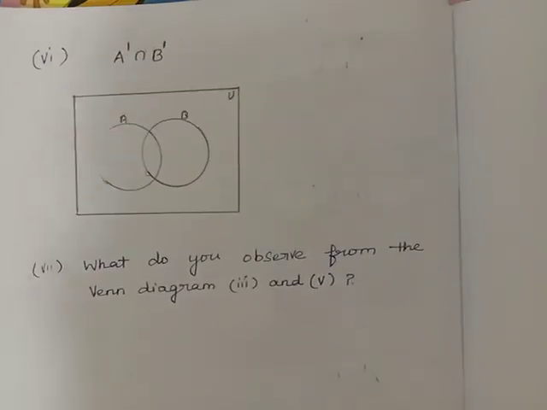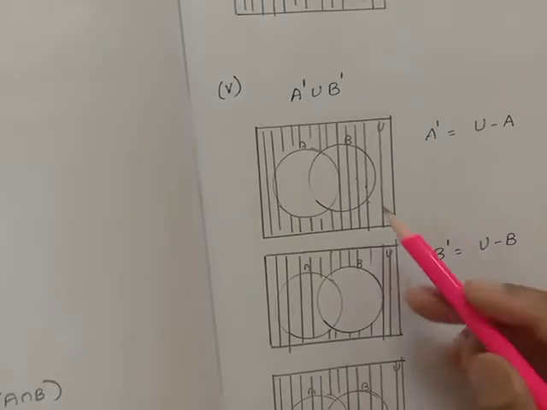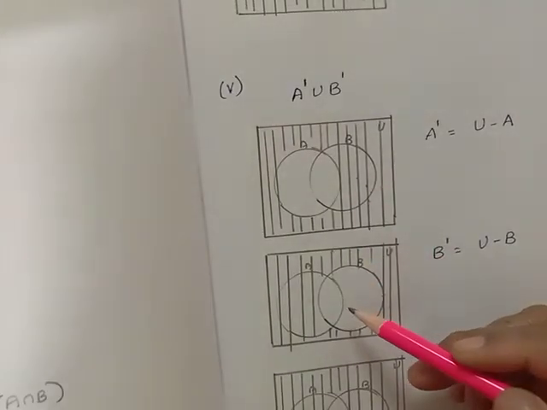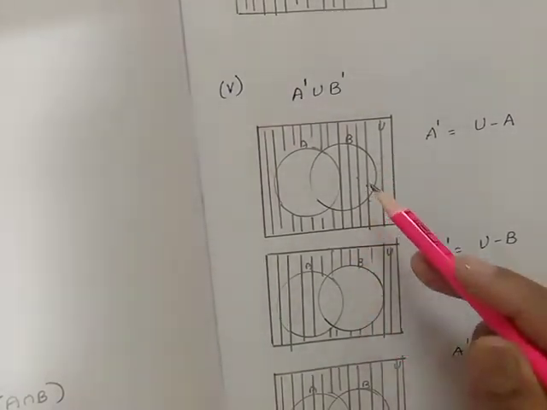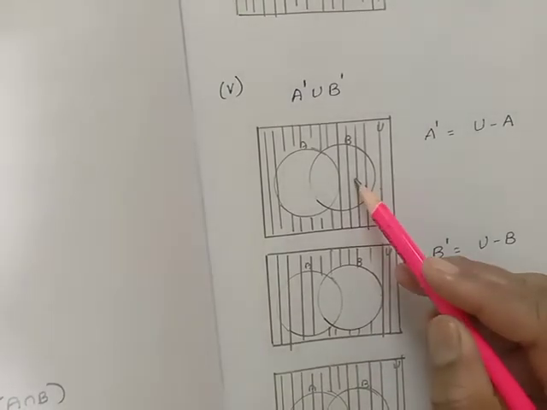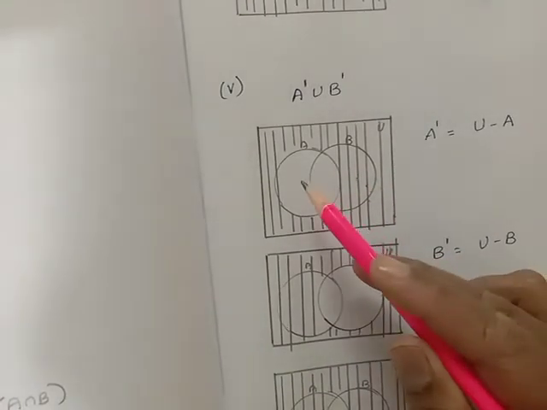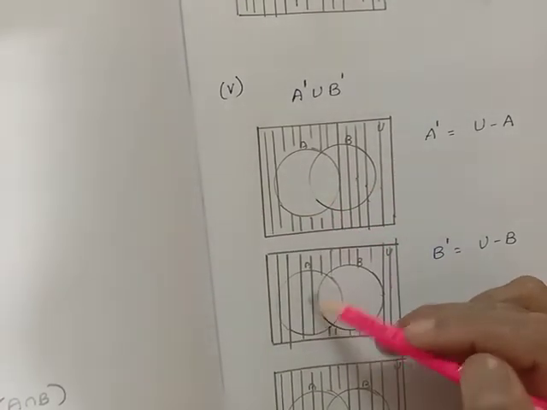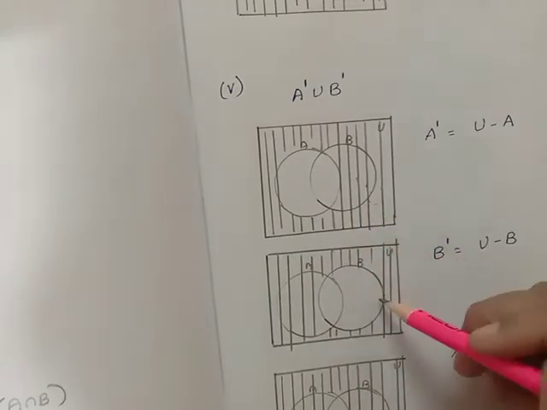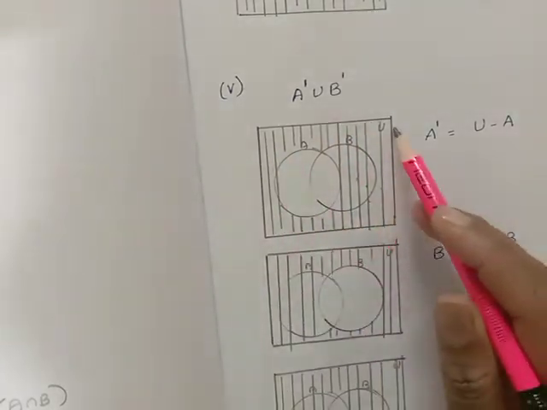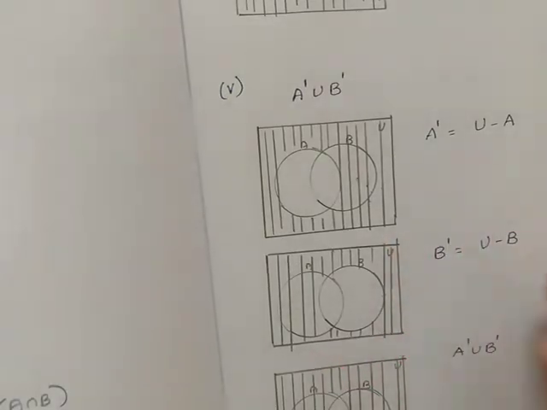Next is the sixth one, A dash intersection B dash. Now we have to compare the A dash and B dash values and find the intersection. What is the common portion covered here? Here B is covered but there B is not covered. Here A is covered but there A is not covered. The portion covered in both is only the universal portion, the outside portion.